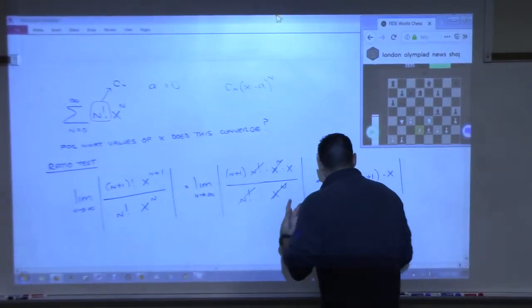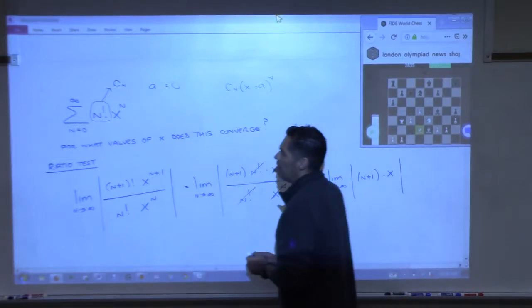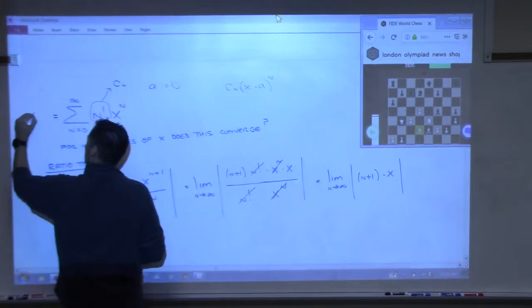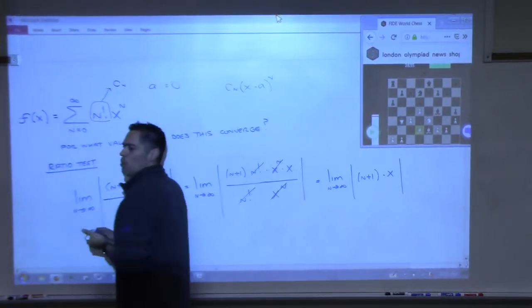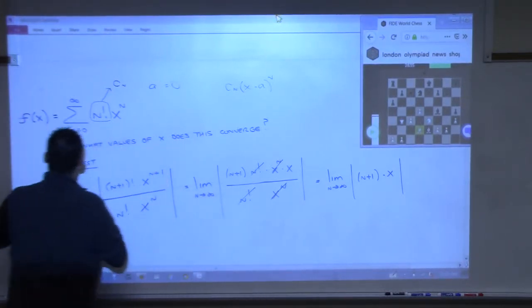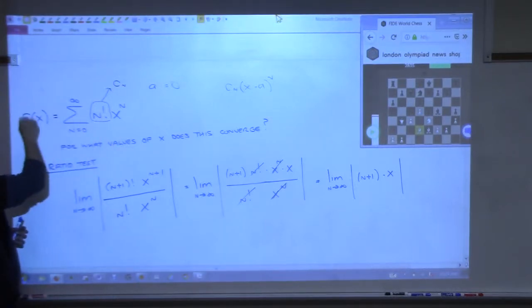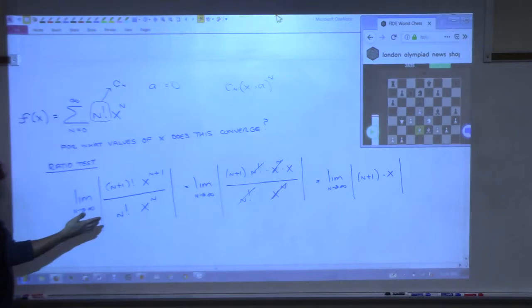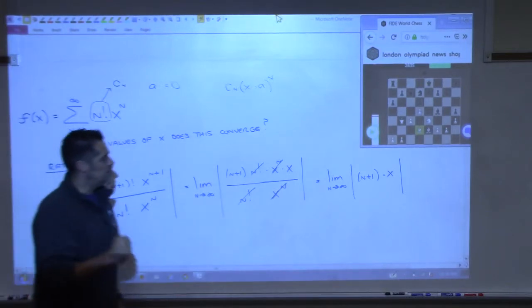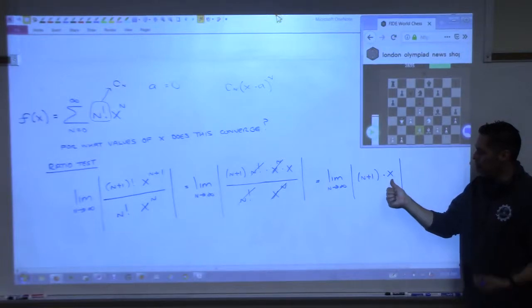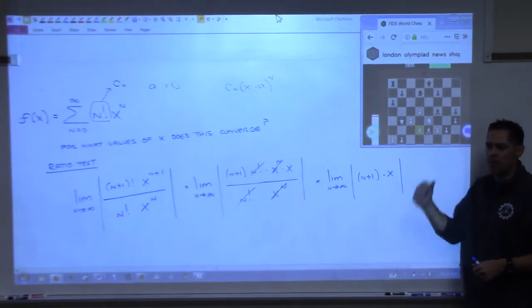Remember, I'm trying to view this as a function of x, where if I plug in a specific value of x, I'm wondering whether it converges or diverges for that value. So imagine that we fix x right now. Someone give me an x. 2. Okay, if I fix that x, what does this limit do?